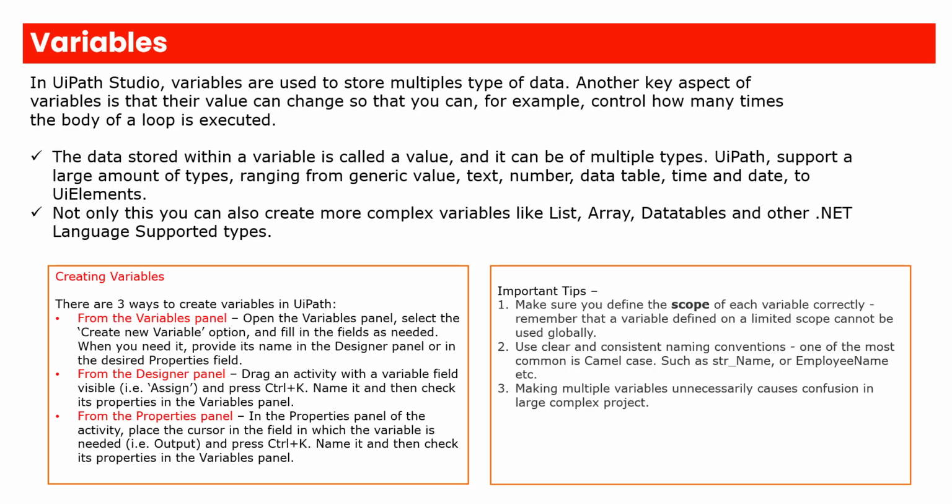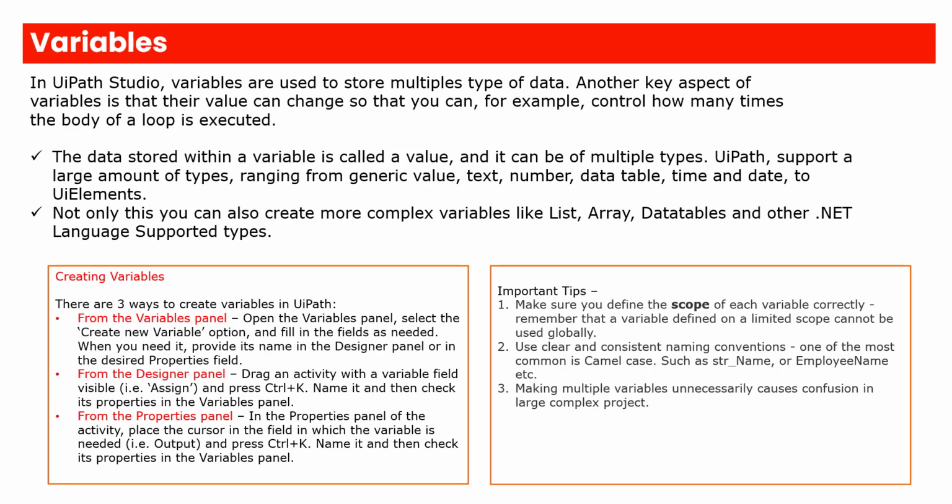If you want to read more about what kinds of variables are supported by UiPath, you can simply search for .NET language supported types and you should get the answer. If somebody asks you what kinds of variables are supported by UiPath, you simply say all .NET language supported data types are supported by UiPath.